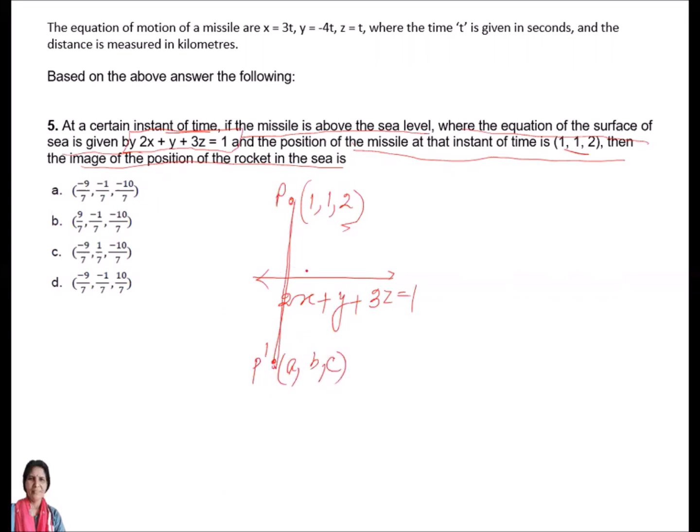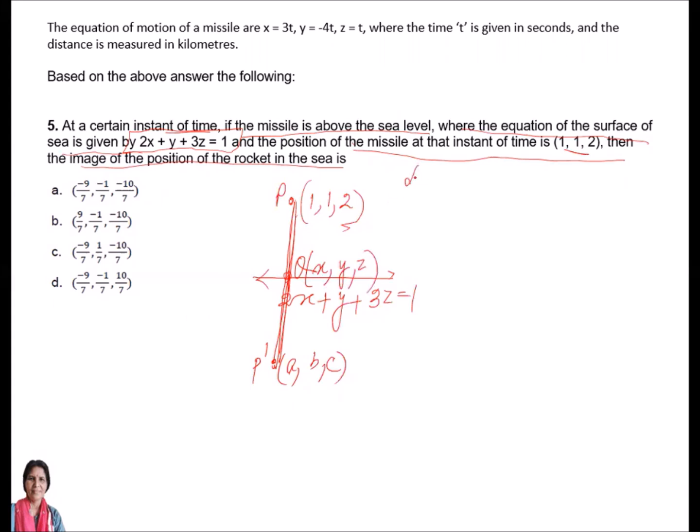That means the distance PQ is the same as P dash Q, because you know that the image is found at equal distance. So first I'll find the coordinate of Q. This we call the foot of perpendicular.